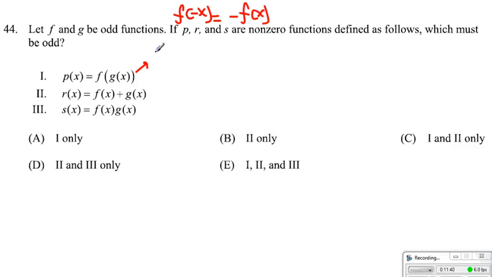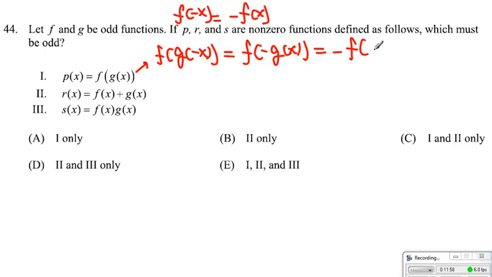Now, in order for us to test that, we are simply looking at this. But since g is an odd function, this is equal to f of negative g of x. But since f is an odd function, we end up having negative f of g of x. So therefore, yes, the first one is an odd function.